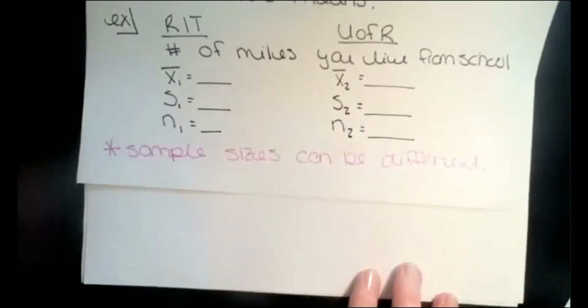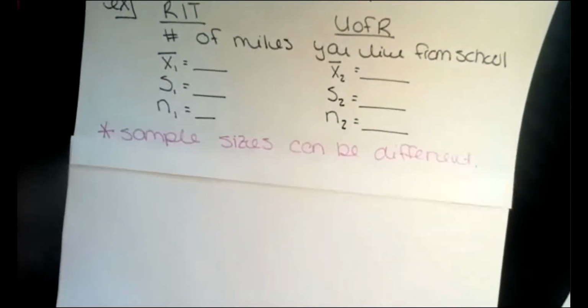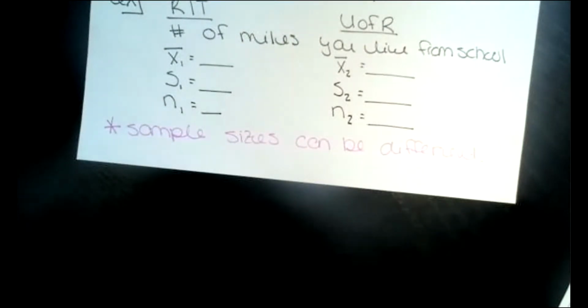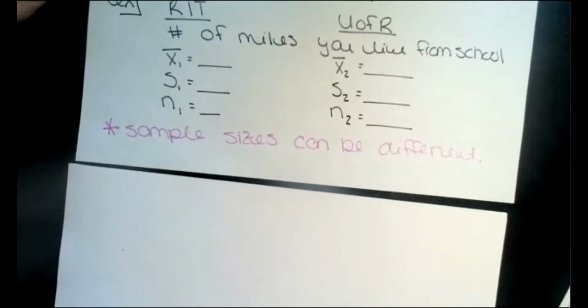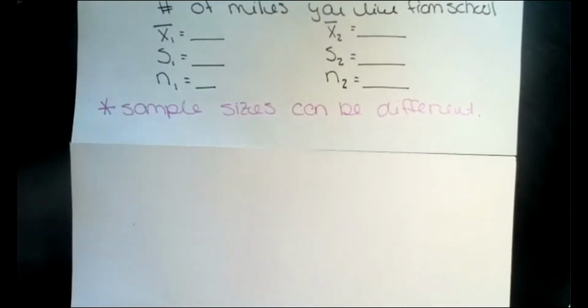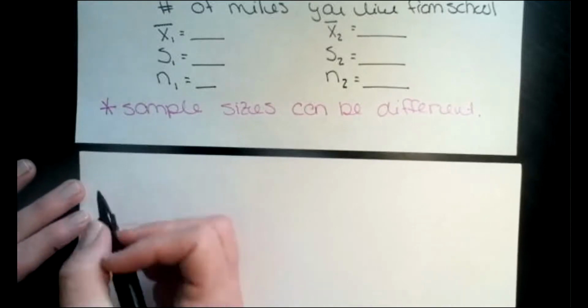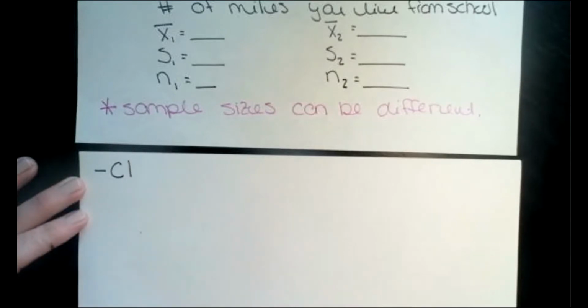We're going to study this for CIs and hypothesis tests. This looks so similar to what we did with proportions, where we looked at the difference between the two proportions. So let's talk about the CIs first, and then we will move on to the hypothesis test.